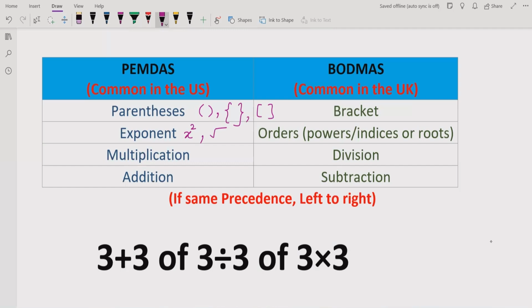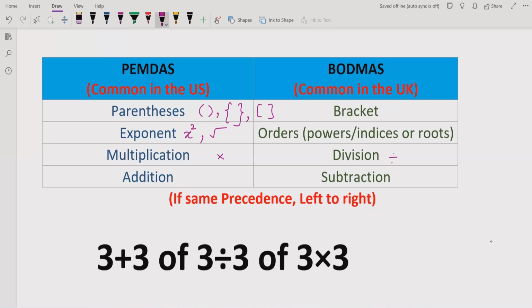After that, we have the M for multiplication and D for division. They both have the same precedence if you are using the PEMDAS and BODMAS rule, but it depends on going left to right, which is coming first. If you have the division first, you can solve division first, and if you have the multiplication first, you can solve the multiplication first, because both have the same precedence.